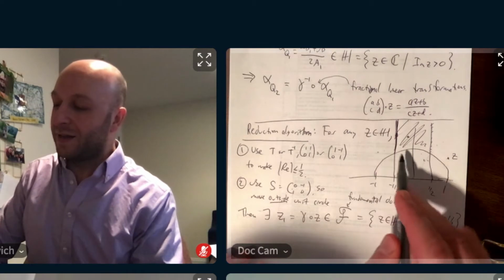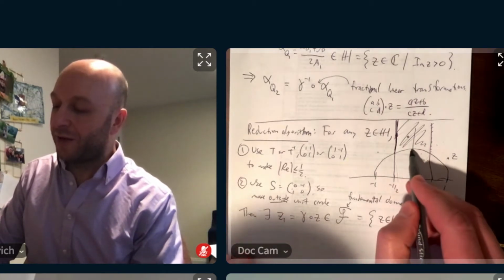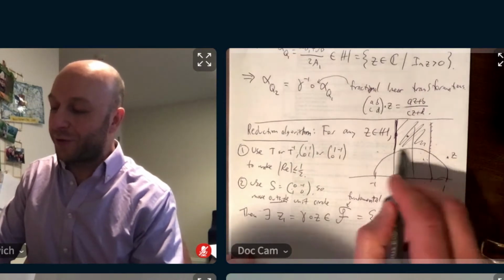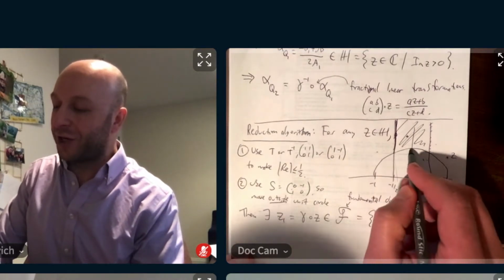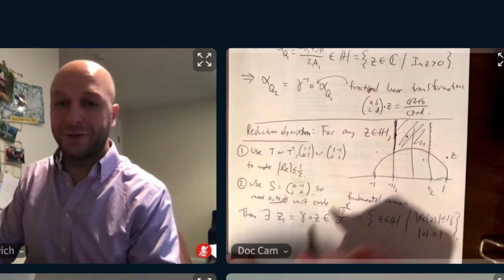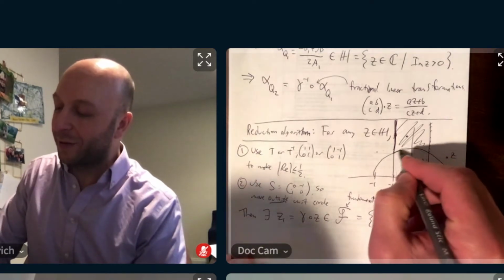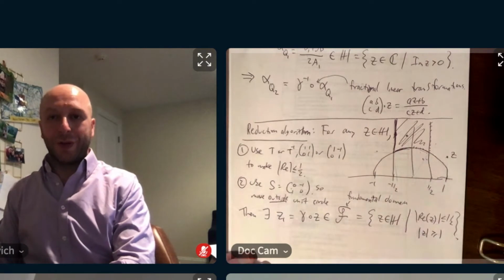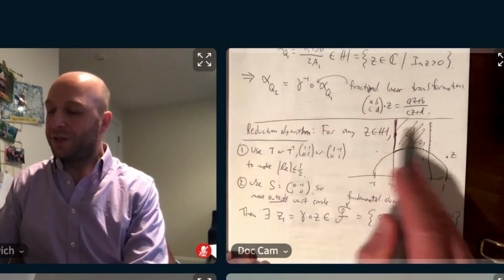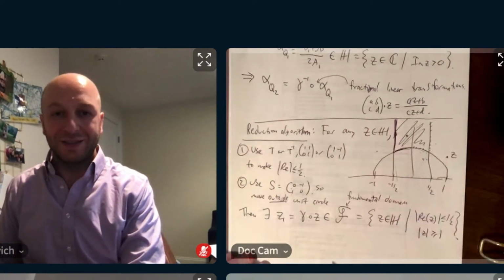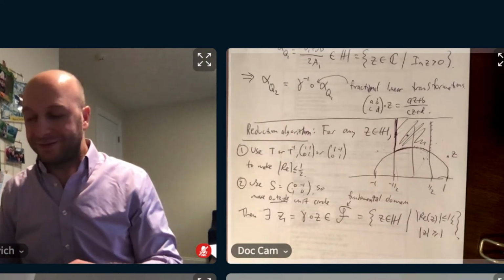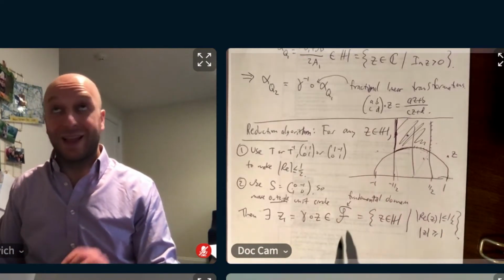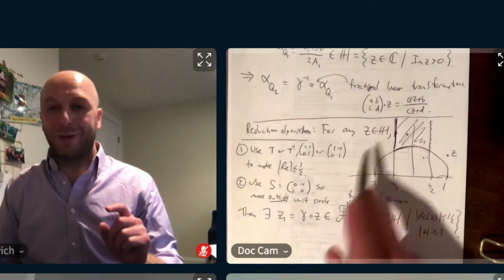You see what S does to the boundary here is that it interchanges this part of the boundary with that part of the boundary. So people will typically take this part of the boundary and not that. Those two pieces are equivalent under S. These two pieces are equivalent under T. So just choose one, doesn't matter which one, and then the fundamental region becomes unique.